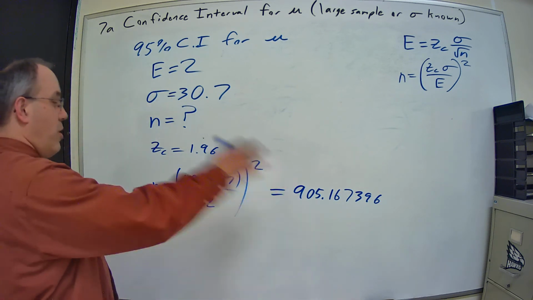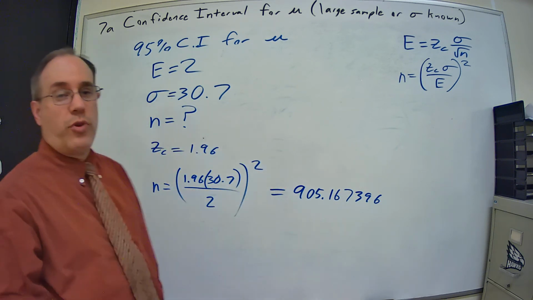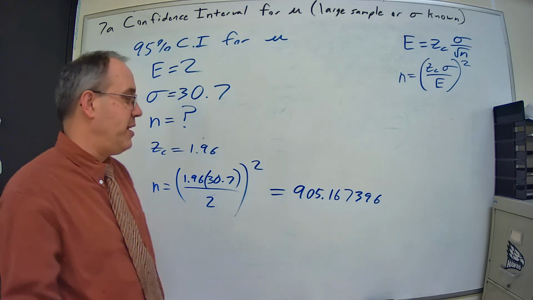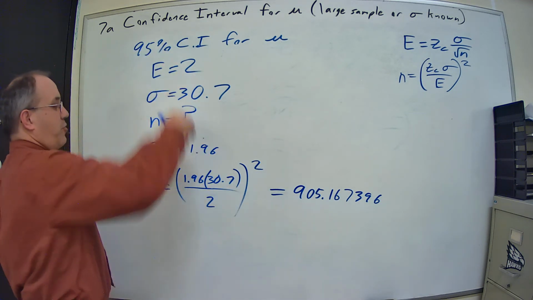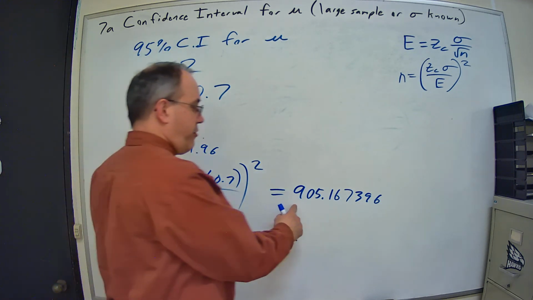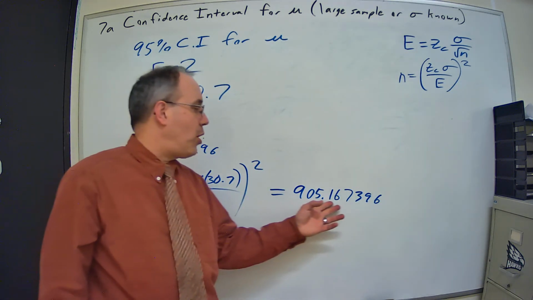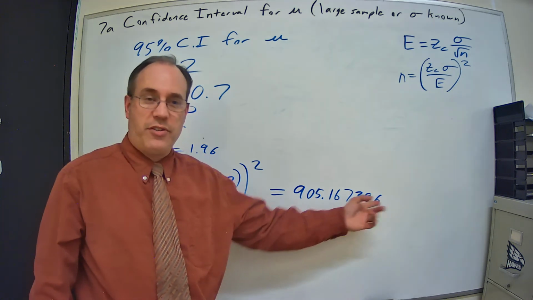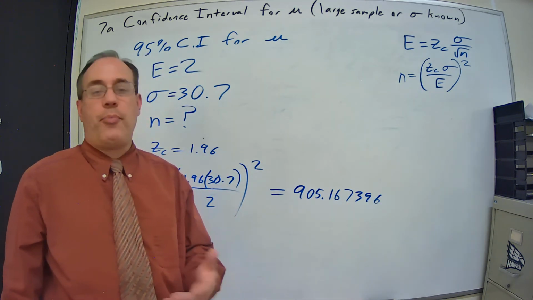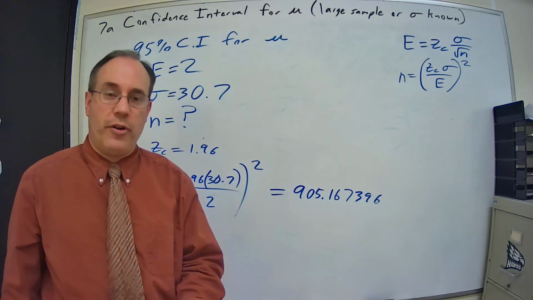Okay, so now that we have that, the question was, what size sample do we need to meet these criteria? Well, we need 905.167396, but obviously we cannot have part of an item in our sample. Our sample size has to be a whole number.